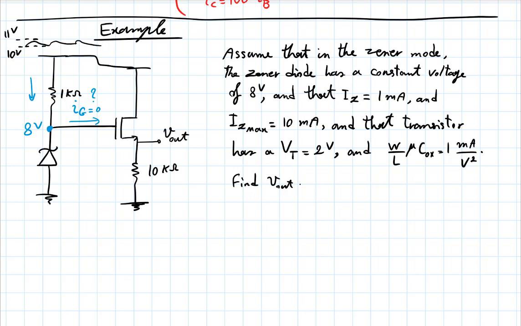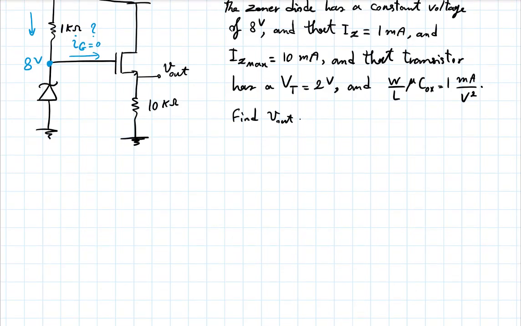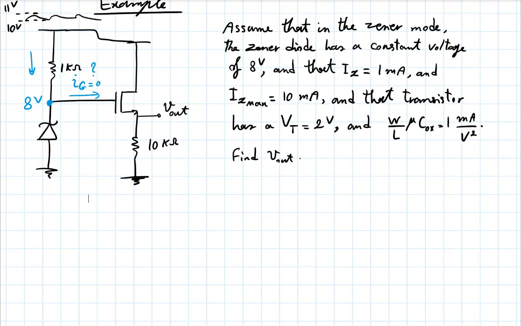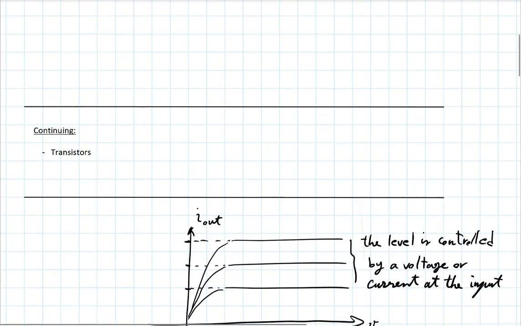How do we find V out? We know the gate voltage, 8 volts. V out is just the source voltage. Is this device going to be in saturation or triode? Now remember, saturation here is what in the BJT we called active. This is going to be in saturation. Why? Because whether you are in saturation or triode goes back to this curve.